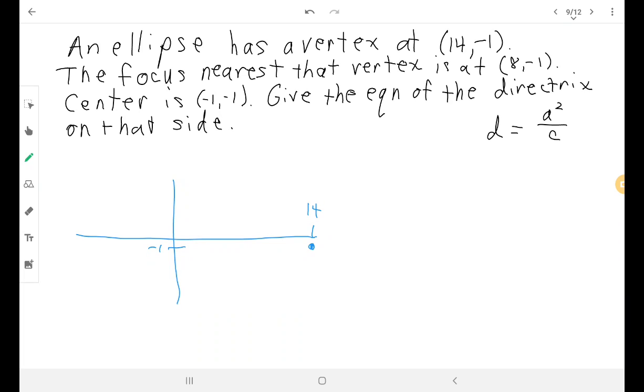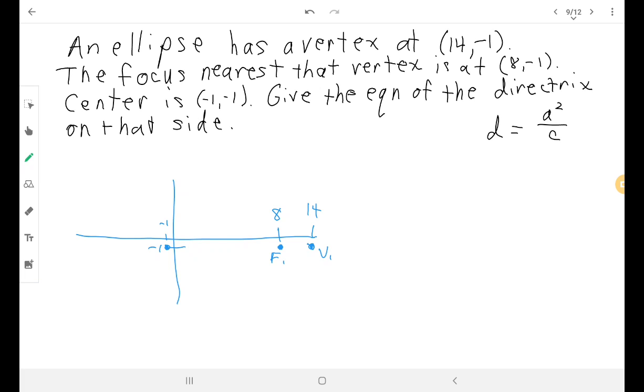The focus nearest that vertex is at 8, -1, so somewhere around here. So let's call this vertex 1, let's call this focus point 1. And the center is at -1, -1, so the center is there.